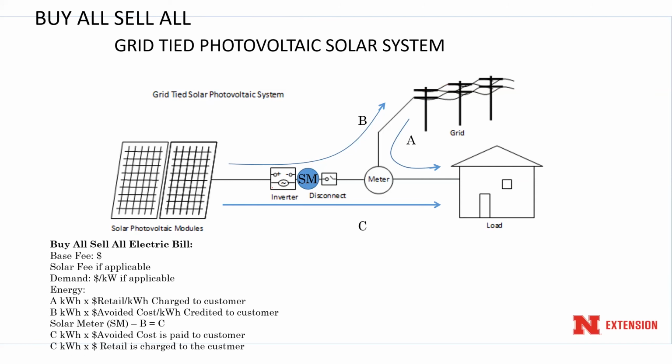What's actually happening is this solar meter where we're going to calculate this C that got used instantaneously, and again, buy that from the customer at avoided and then sell it back to them at retail, even though that electricity never left the premises. So kind of interesting what's going on. You can also recognize that all of the solar electricity then is worth avoided cost. And thus from an economic return standpoint, buy all, sell all tends to have the lowest economic return.